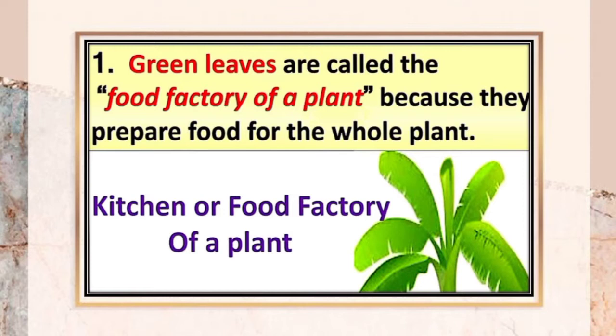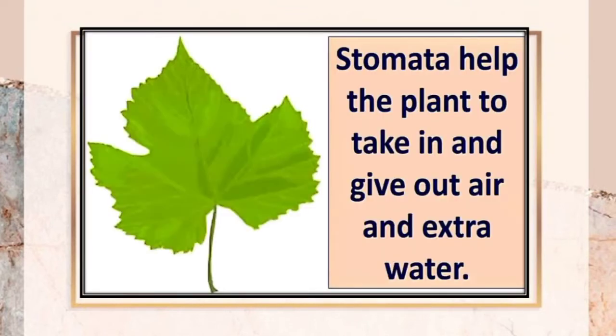The leaf of a plant makes food, and therefore it is called the food factory of a plant. It also helps a plant to let air in and out through stomata, as taking in oxygen is very important because it allows you and your cells to do things like make energy from the food you eat.